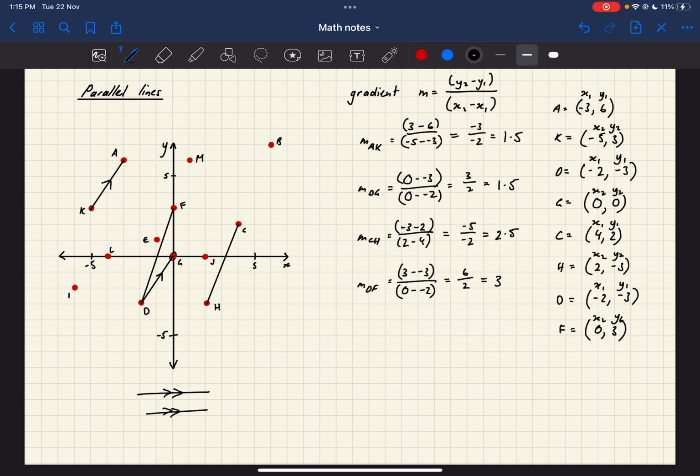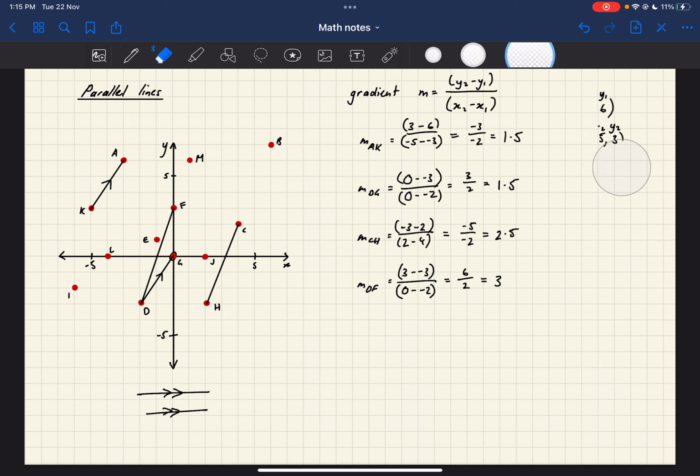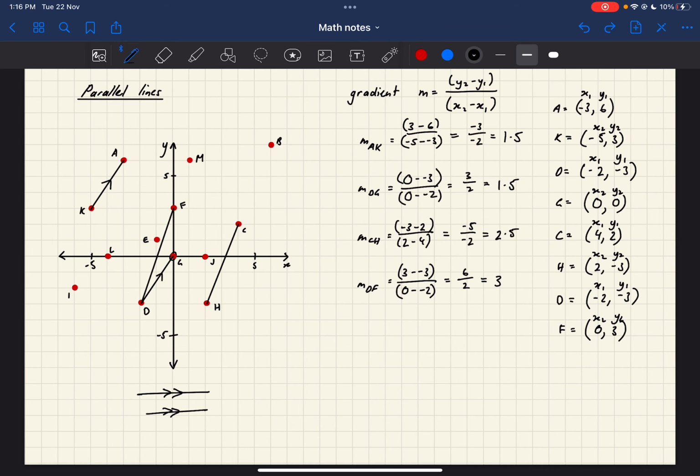So what you do, once you've found out all of this and done your working, is write it down here. The gradient of AK is equal to the gradient of DG, because they both equal 1.5.